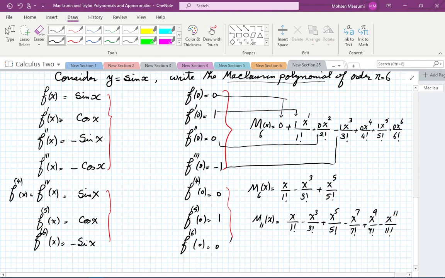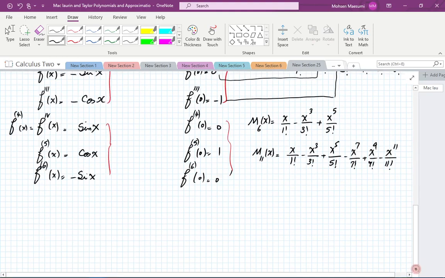Okay, so this is the Maclaurin series for the sine function up to including power 11. So we say if we take this thing and plot it, it's going to look very close to the graph of sine of x. We can use it to calculate sine of x and get a very good approximation and so on. Let's go practice another example of this thing.